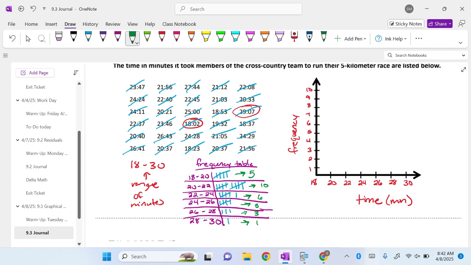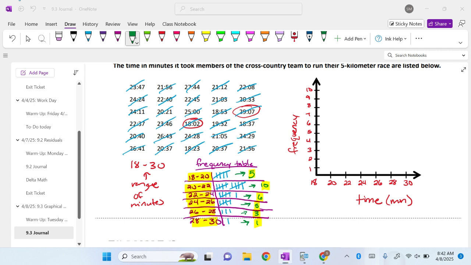So now all we're going to do once we got that frequency table is we're going to take them and basically graph it on the chart. So this is the information that we want to use. So how many people did I have that were between the times of 18 and 20? 5.